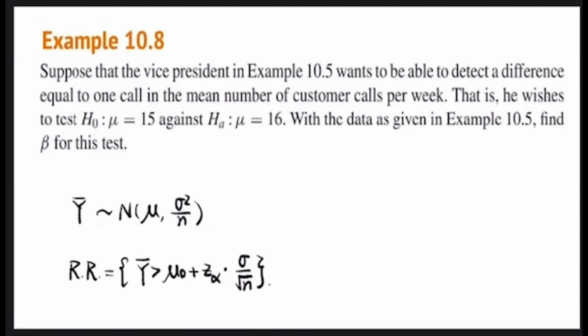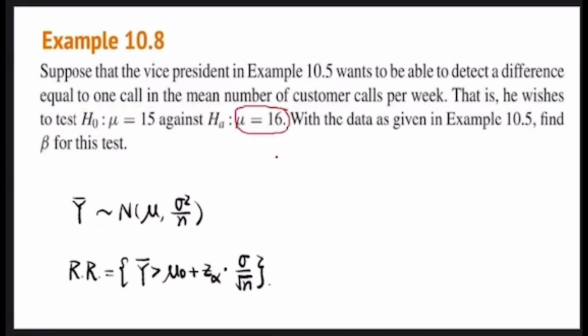That is, the vice president wants to test mu equal to 15 against mu equal to 16. If I want to rewrite the alternative, it is the same thing as mu greater than 15. Does that make sense? Because it said mu equal to 16, so this is the same.